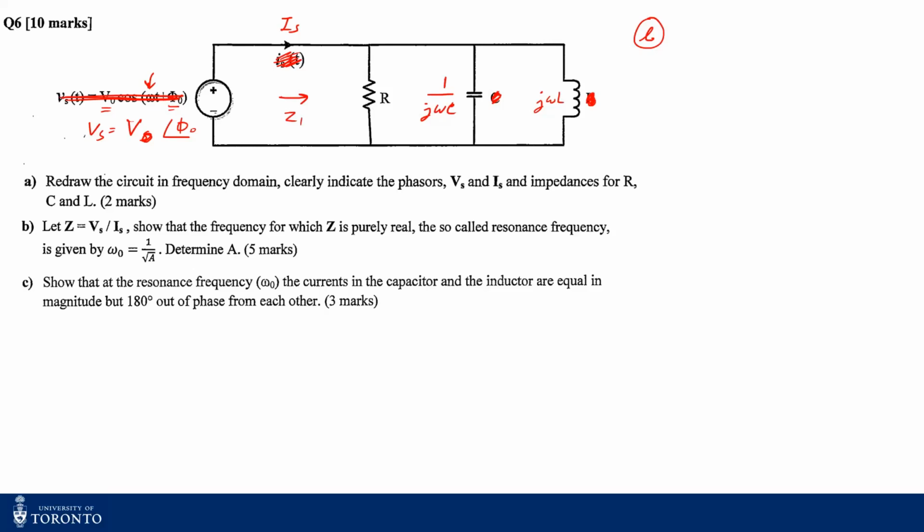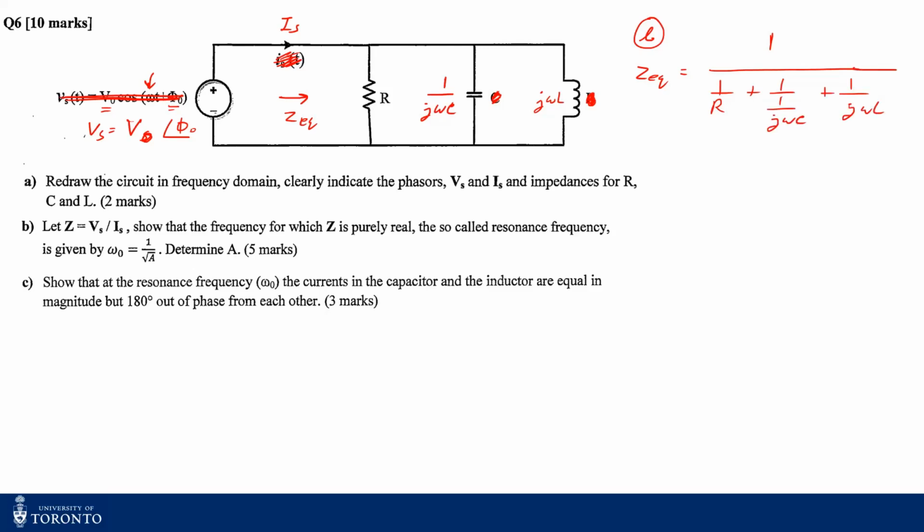If I call this Z equivalent, it is just the resistance in parallel with the capacitor reactance and the inductor reactance, so my Z equivalent is 1 by (1 by R plus 1 by j omega C plus 1 by j omega L).